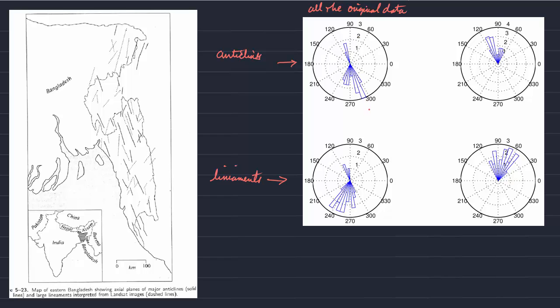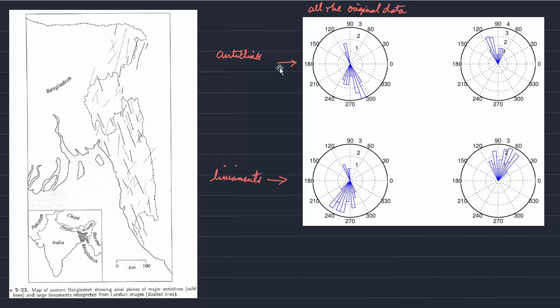You can see that the anticlines, these solid bars, tend to be oriented sort of north-northwest, south-southeast. And indeed, the orientations shown by the polar histograms are in that direction, but we have some angles that are, of course, 180 degrees away from each other.